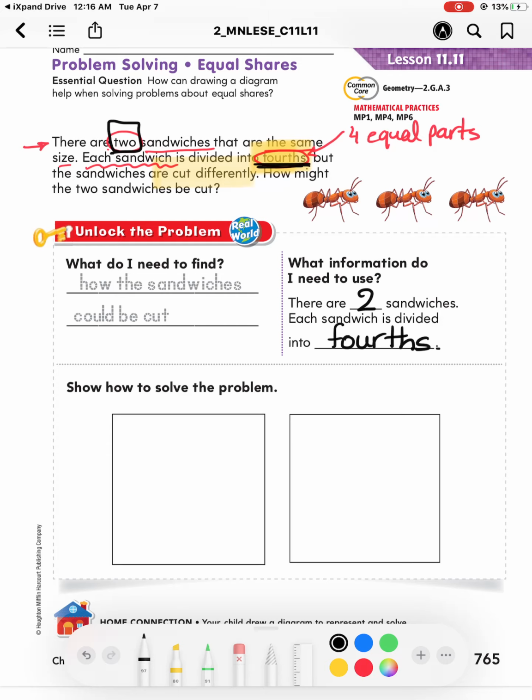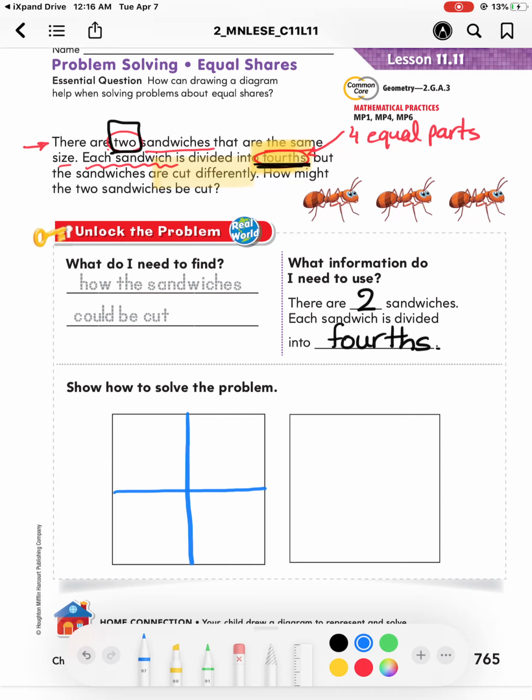Now, let's see together. Show to solve the problem. Okay, we have to show 2 different ways to divide the sandwich into 4 equal parts, into fourths, okay? So here is the first way. We are going to draw like this, okay?